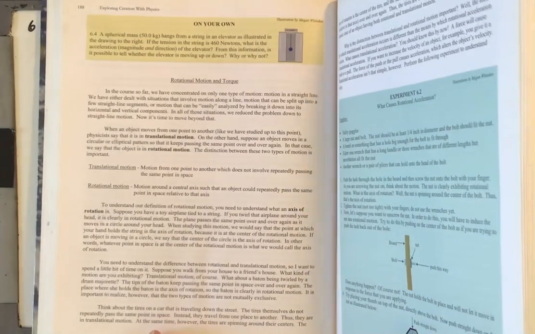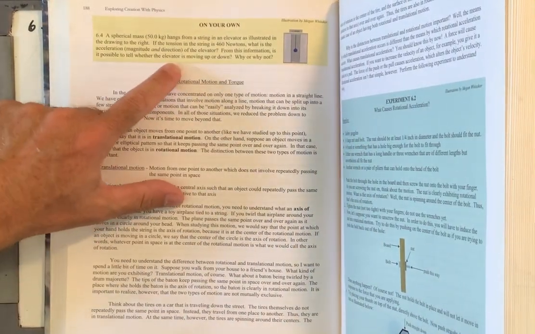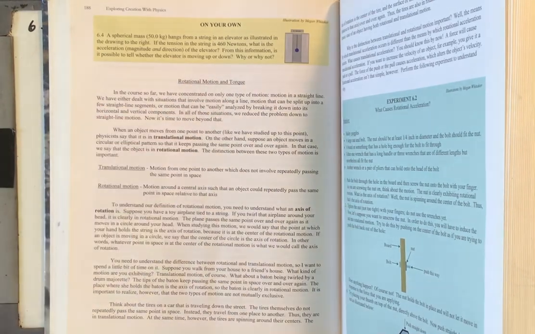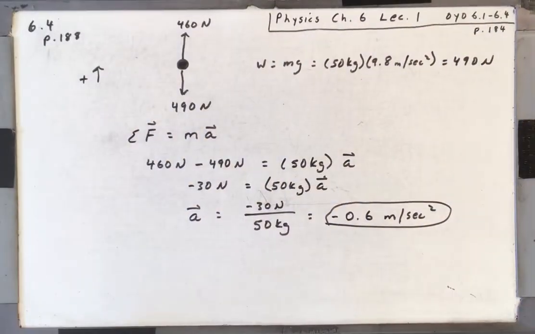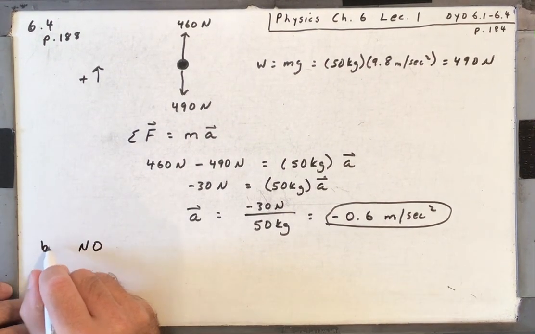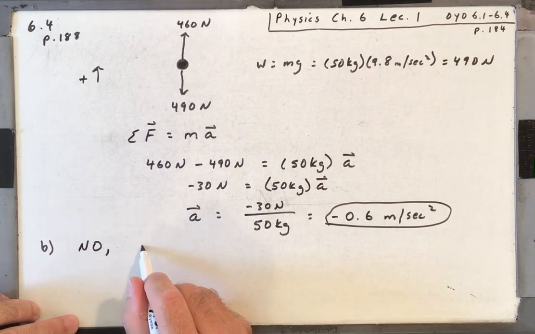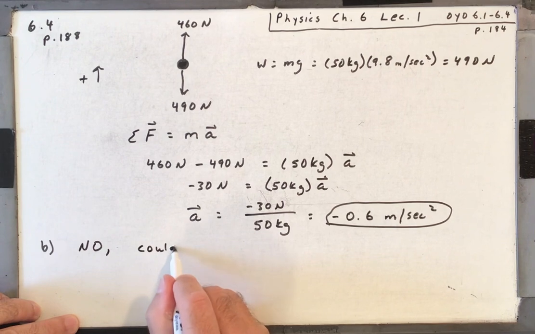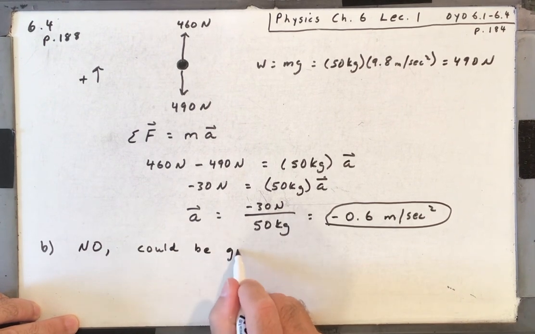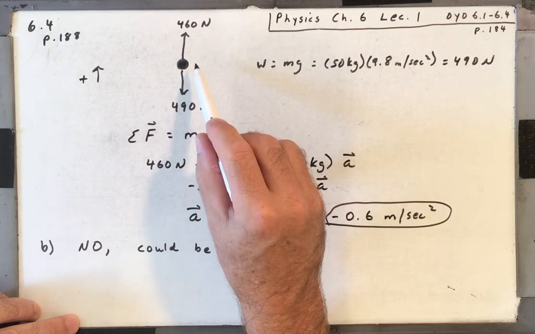All right, the second part of the question is, from this information, is it possible to tell whether the elevator is moving up or down, and why or why not? Well, I want you to think about that a little bit, but the answer is no on part B. Because the elevator could be going up. Remember, the weight is greater than the tension of the string.